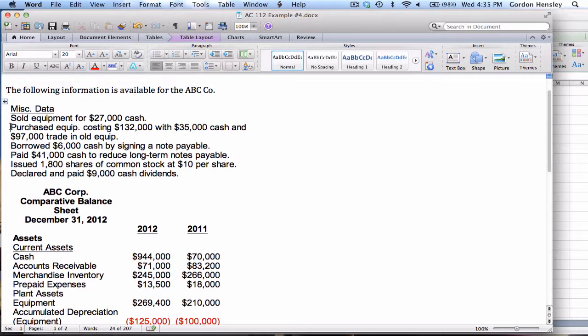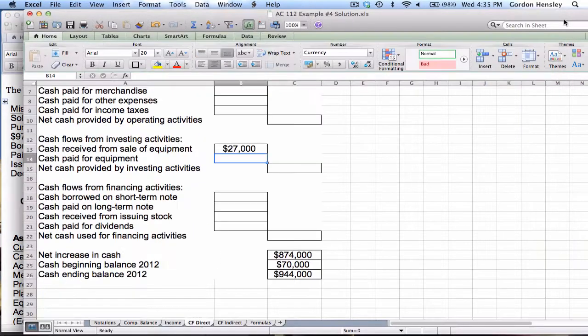So even though the new equipment normally cost $132,000, and even though we traded in $97,000, really the cash part of it is this $35,000 that we spent. So right here where it says cash paid for equipment, that's going to be $35,000, but I'm going to put that $35,000 as a negative because that is cash that I paid.